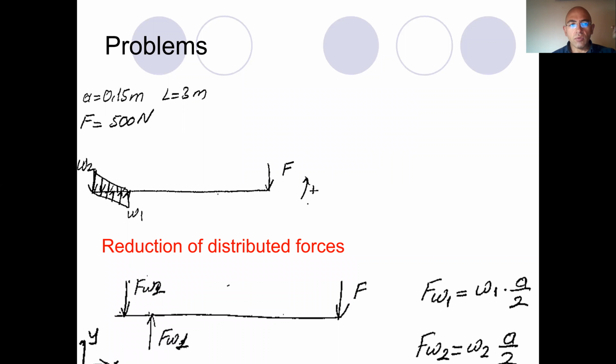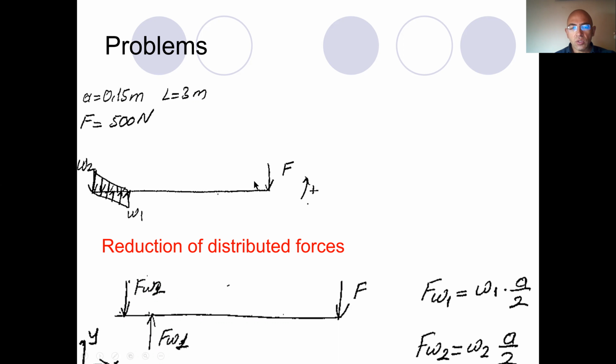Now, first thing that we have to do is draw the free body diagram. I will not draw the horizontal components, so we have only vertical components. As you see, we have the triangular region.